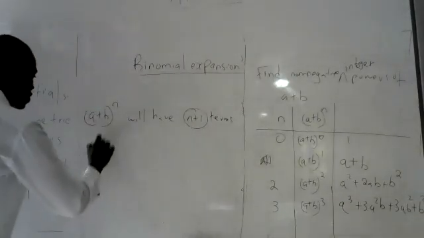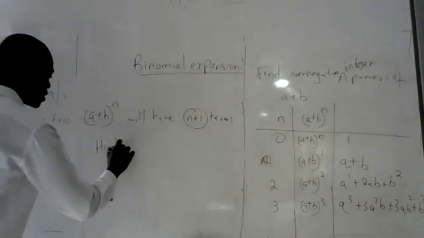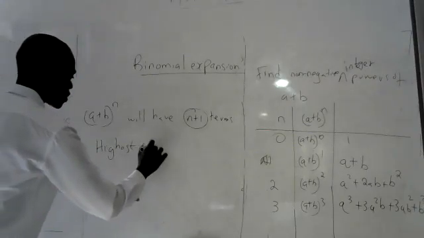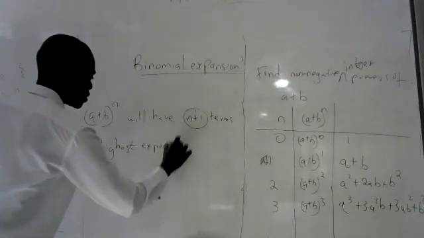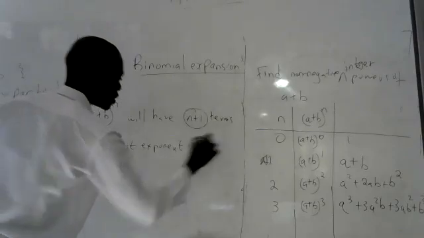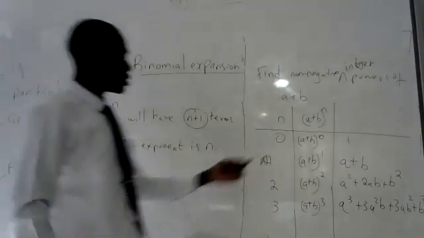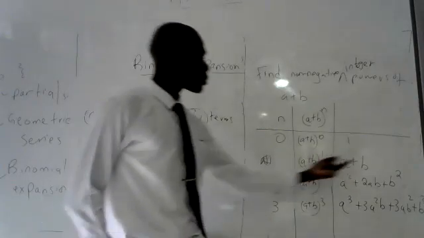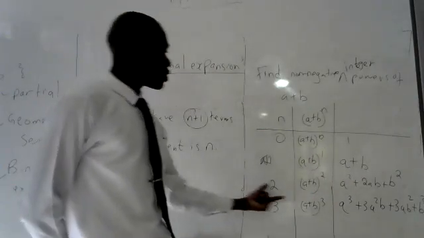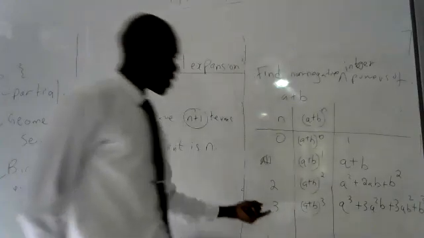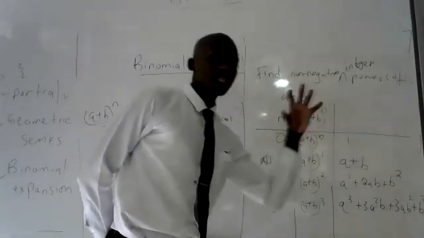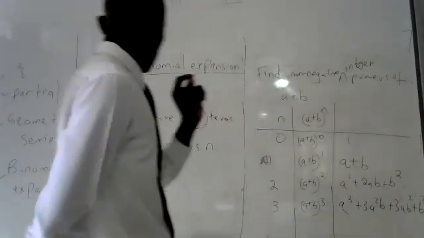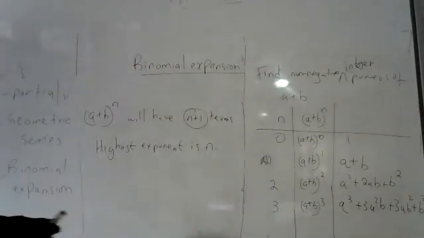So the other observation is that the highest exponent is n, because at 0 it is 0. At 1, the highest exponent is 1. At 2, it is 2. At 3, it is 3. So at n, we expect the highest exponent to be n.